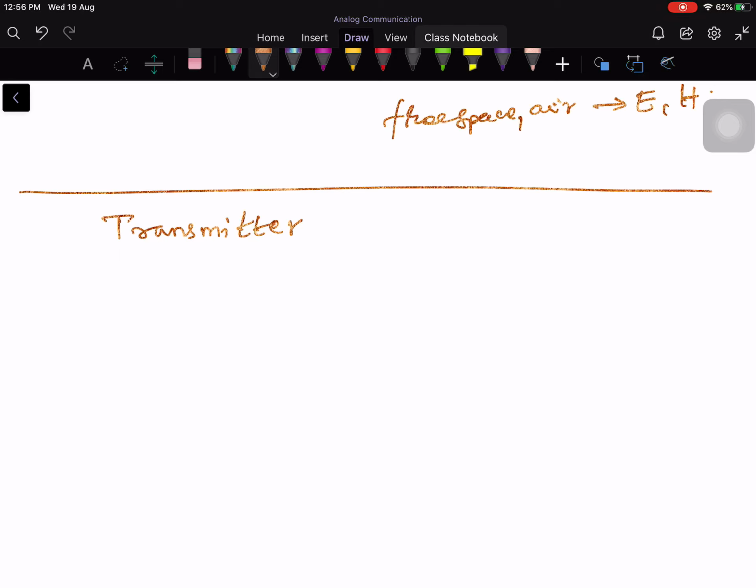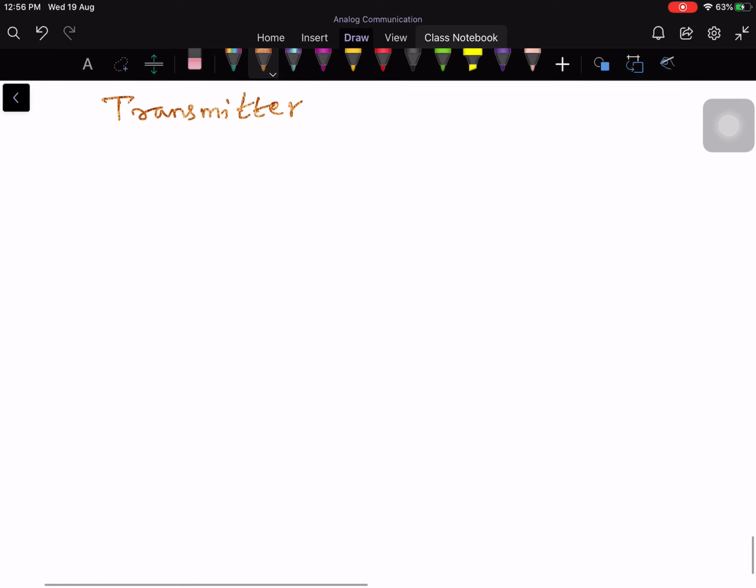So what are the basic functions of the transmitter? As I mentioned earlier, the basic function of the transmitter is to match the characteristics of the signal source with the characteristics of the channel through which the signal has to be finally transmitted.